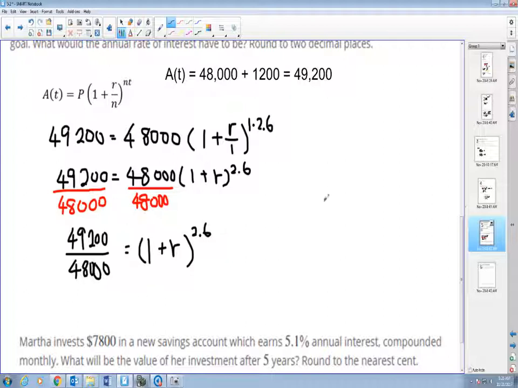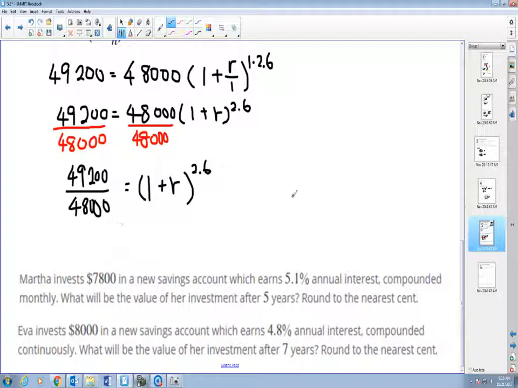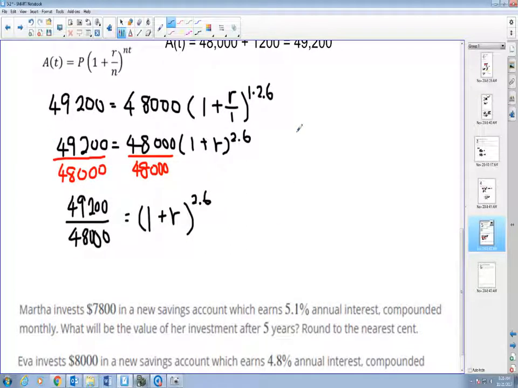Rather than take a 2.6 root, I can write 49,200 over 48,000 raised to the 1 over 2.6 power.